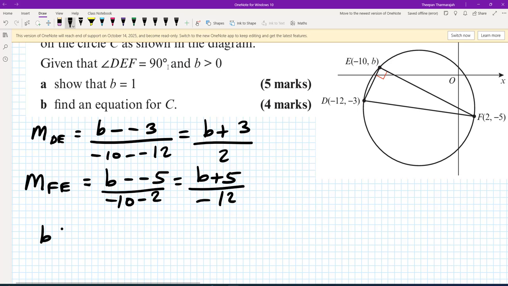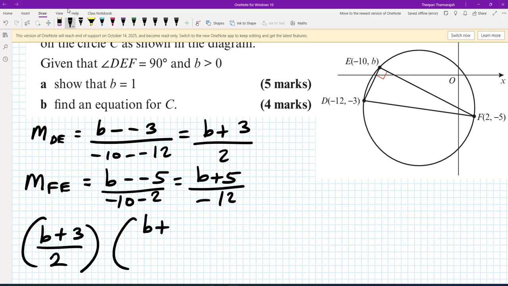So we can say (b plus 3), all of it in brackets, over 2, times (b plus 5) over -12, must be equal to minus 1.